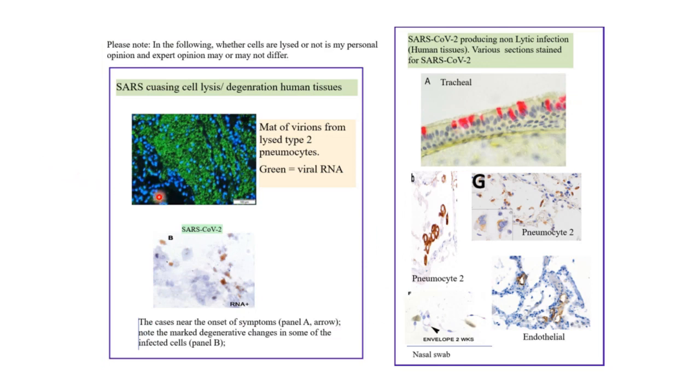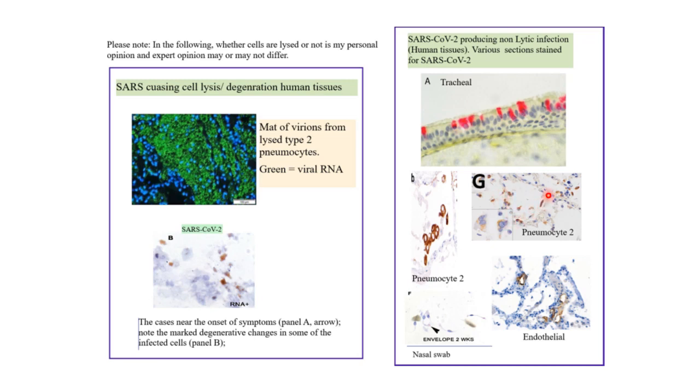Here is a comparison of different cytopathic effects of the virus, different outcomes of infection by the virus on the cell. So here we have cell lysis. The virus actually lyses the cell completely, and here we have cells in pretty good healthy state.